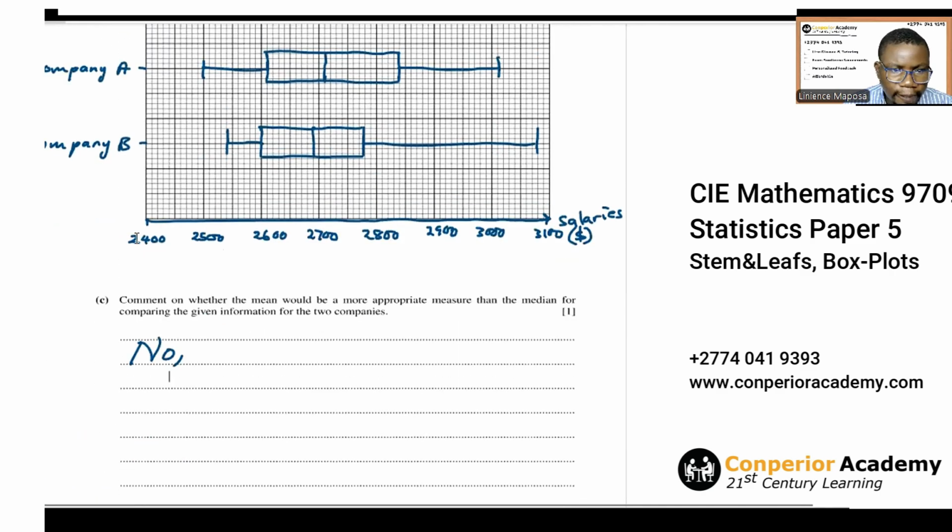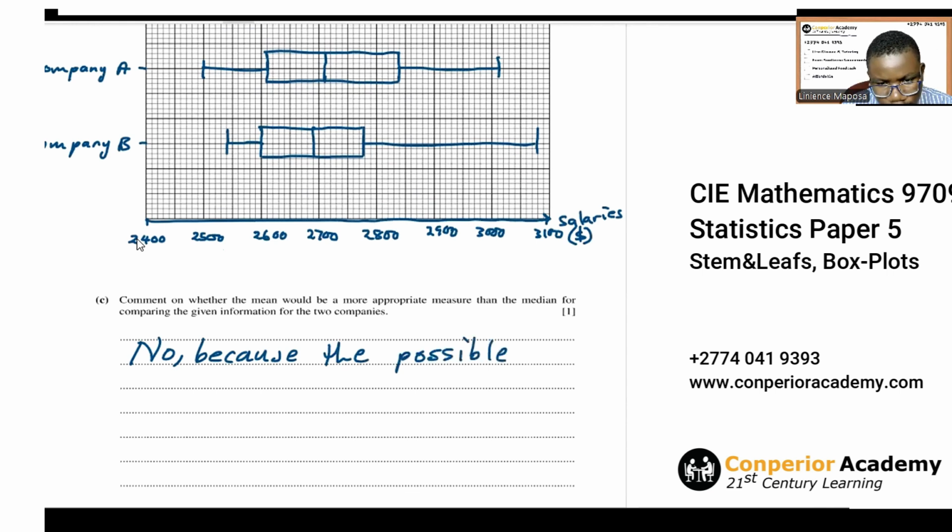So we can say no, because the possible outlier, we didn't calculate it. I didn't test it. If you wanted to test, you would test whether it's within 1.5 of the interquartile range from the upper quartile or from the lower quartile going back. So you can do that calculation to see if it's indeed an outlier.